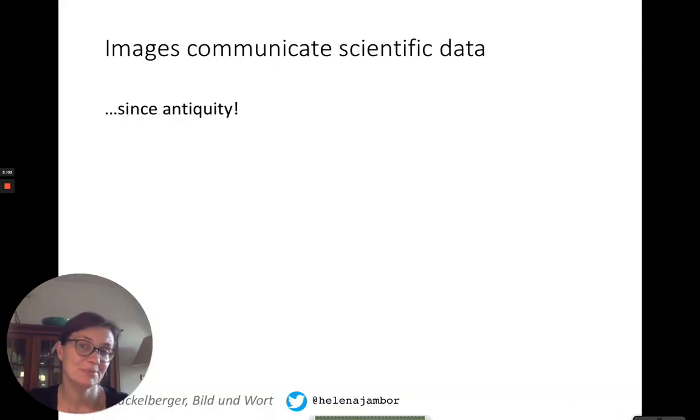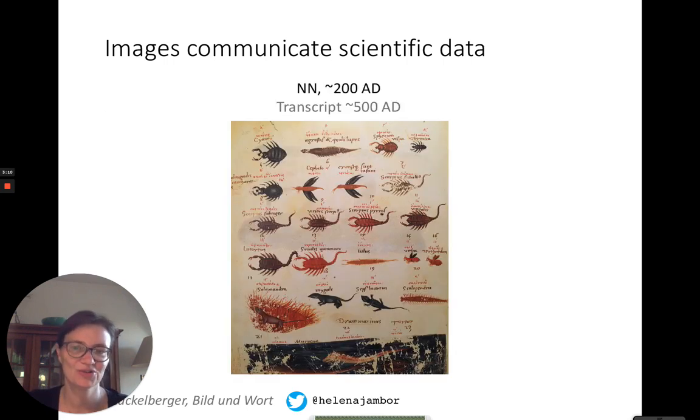So images have been used to communicate scientific data since antiquity. That's nothing new at all. And just to show you a really beautiful example, here is a page from a medical textbook from 200 AD. What you can see are different kinds of scorpions, some of which are poisonous and some of which aren't.